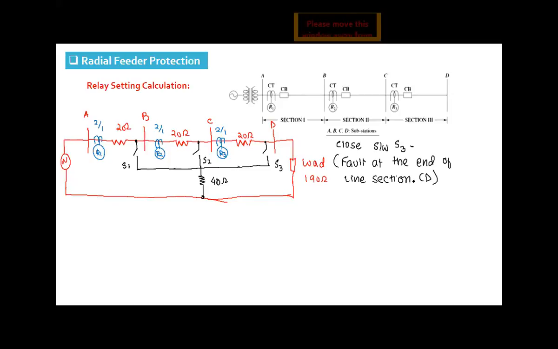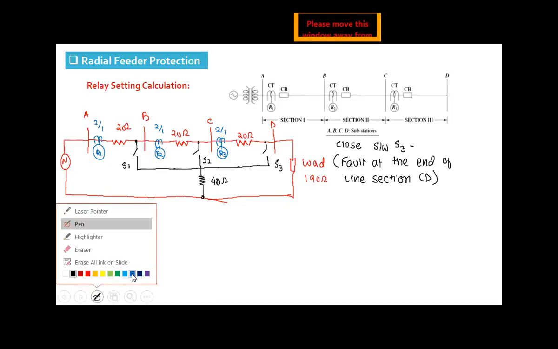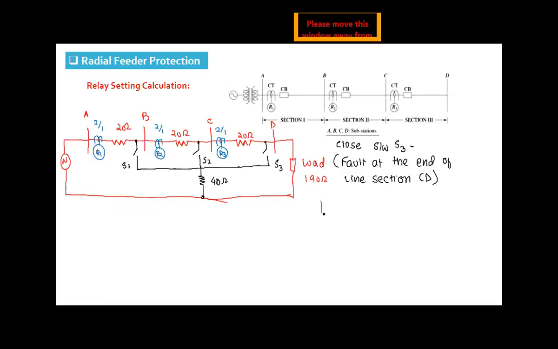What will be the equivalent circuit if I close switch S3? So the equivalent circuit will be like this. These 20, 20, 20 will be in series. And if I close switch S3 here, then there is a 40 ohm that will be in parallel to 190 ohm.